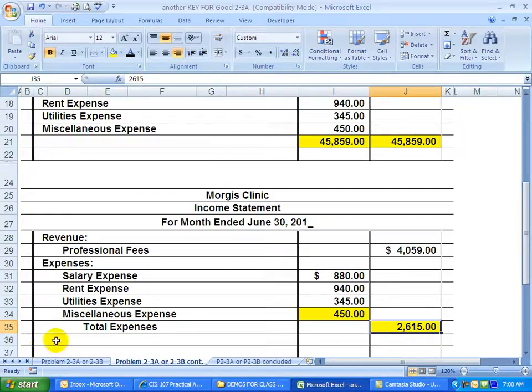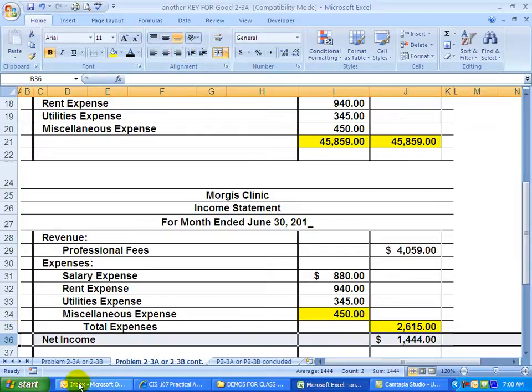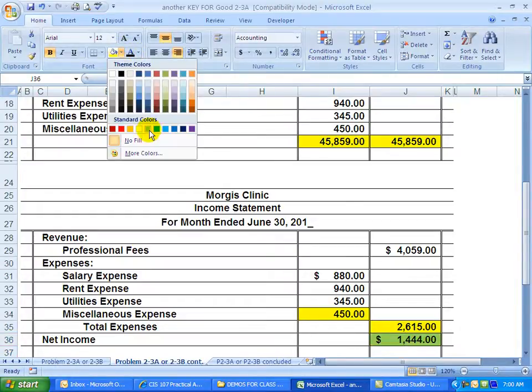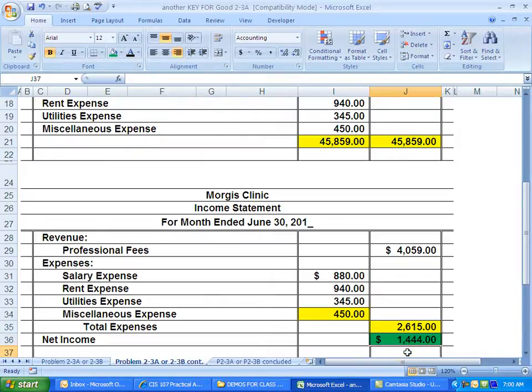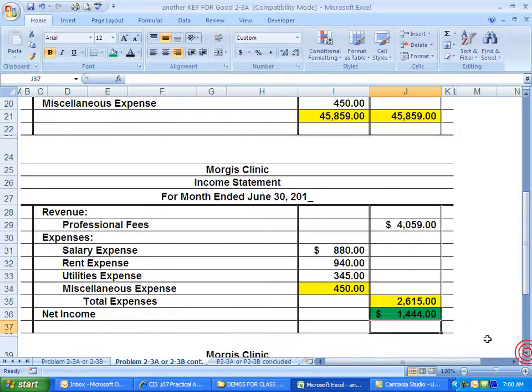Okay, once we get the total expenses, we're going to compare the expenses to the total revenue. And in this case, our revenue is larger, so we have a net income. Now, net income is going to go back at the left, and then we're subtracting these two numbers, and the net income for the month of June is $1,444. And this one is going to have a double underline underneath it.